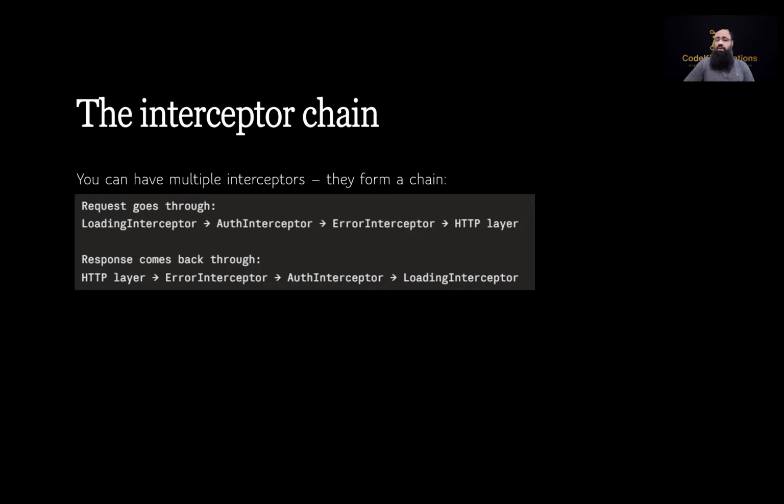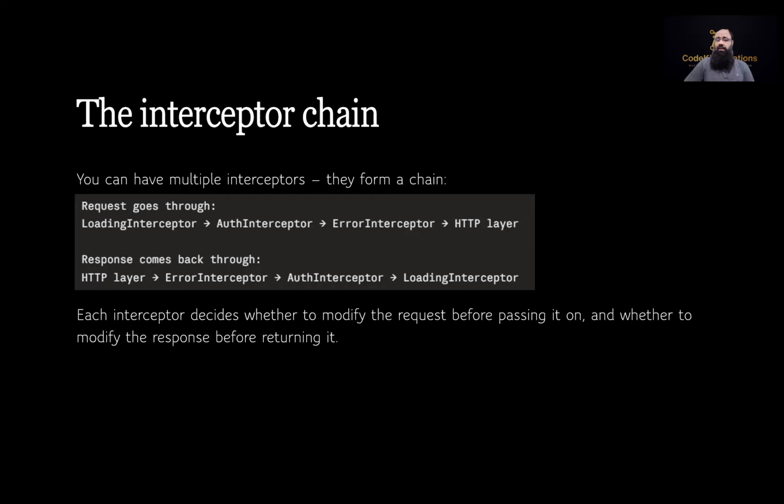But when a response comes from the server, these interceptors are executed in reverse order. The error interceptor is called first, then the auth interceptor, and then the loading interceptor. Each interceptor decides whether to modify the request or just pass it without modifying it.